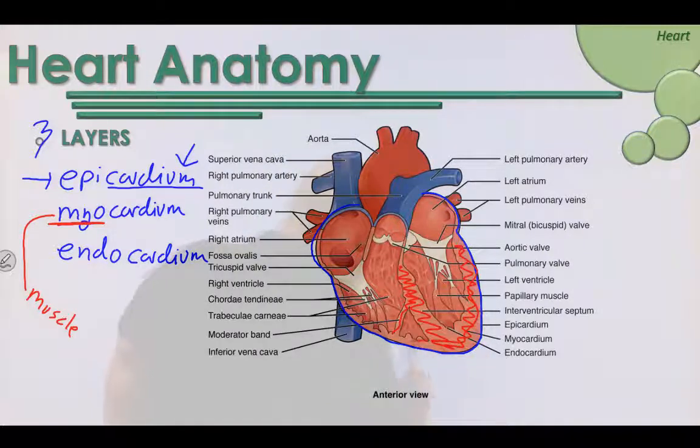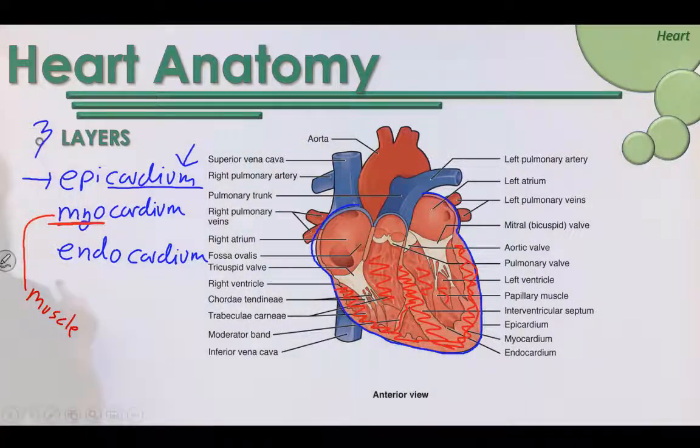If you lift a heart, pick up a heart, hold a heart, touch a heart, that mass that you feel, 95, 99% of the weight of the heart is the myocardium, because at its core, the heart is essentially just a muscle that contracts to push blood all over the body, either on the systemic circuit or on the pulmonary circuit.